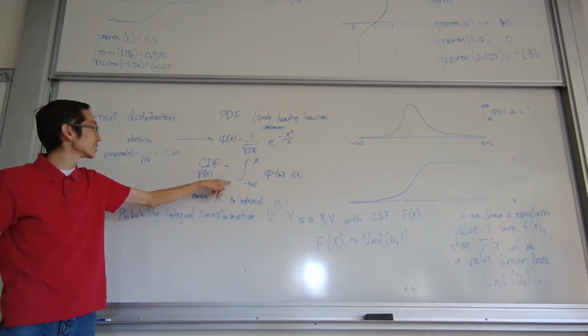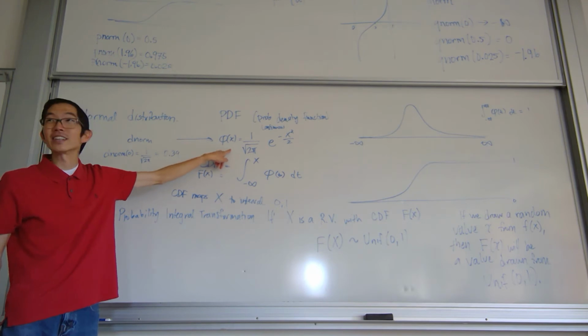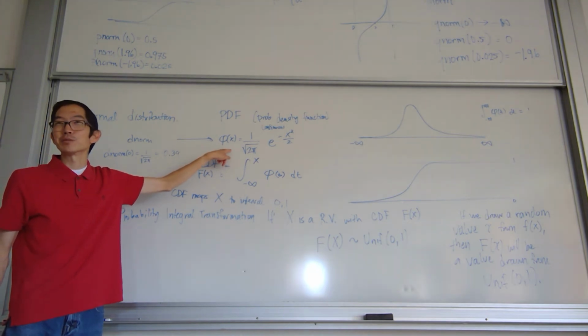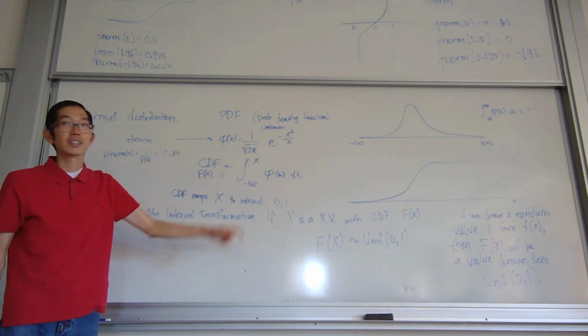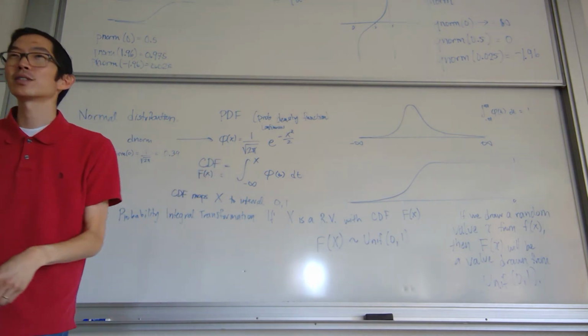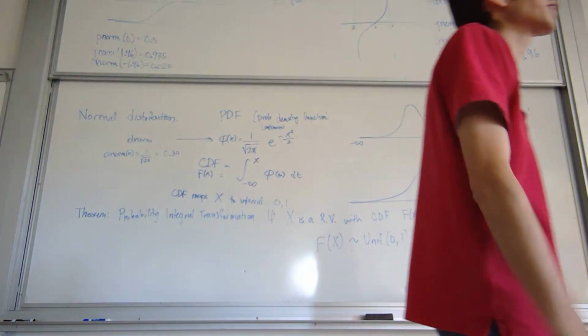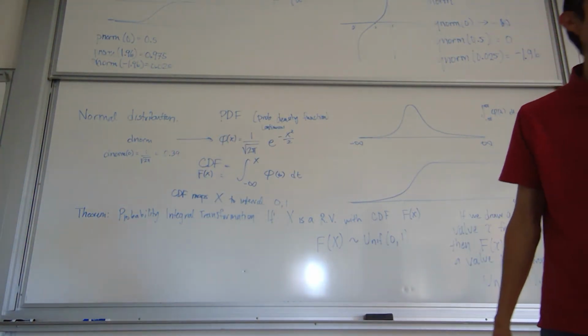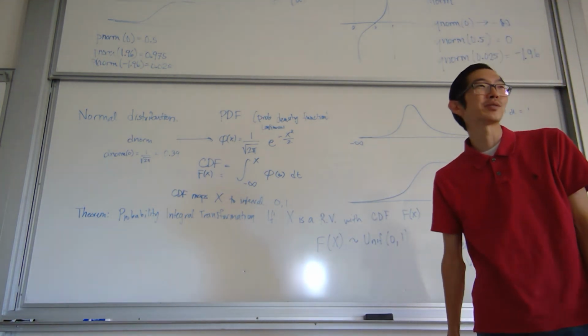The CDF of this thing is really, really hard. Trying to integrate this, it's really hard. There isn't a closed form solution. But we've got some really good approximations that are fast, and that's actually what your computer uses.